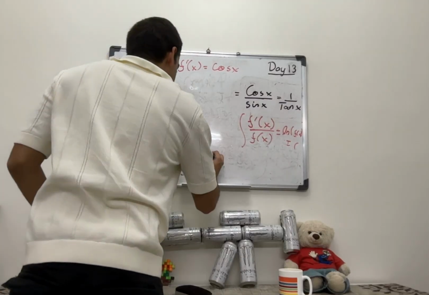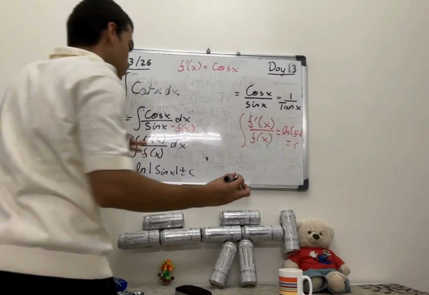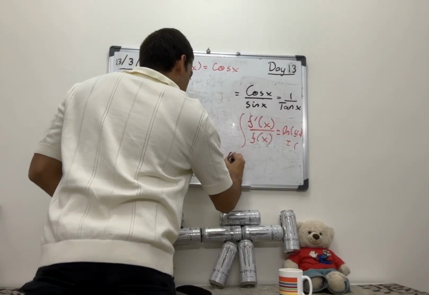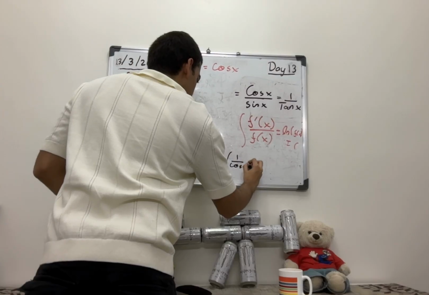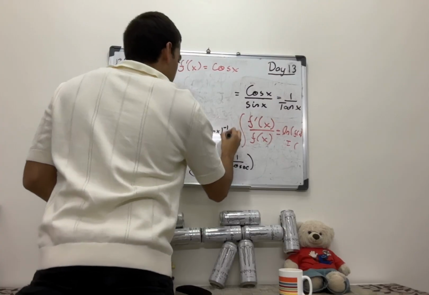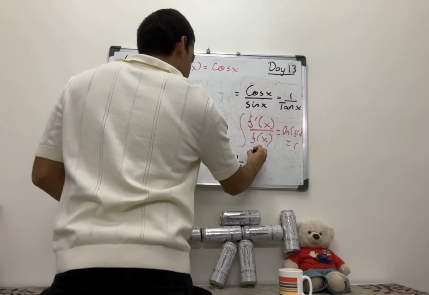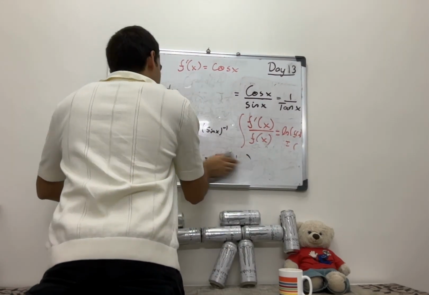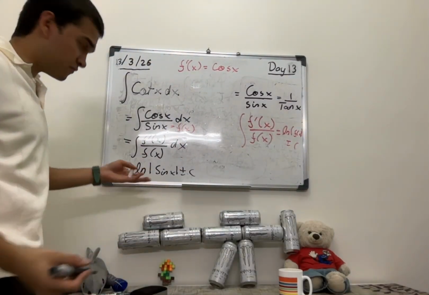So if we take ln of 1 by cosec, which is just sin x the whole raised to minus 1, this becomes ln of cosec x... sorry, my bad, let me restart. Okay, yeah. We'll back solve for this because it's easier.